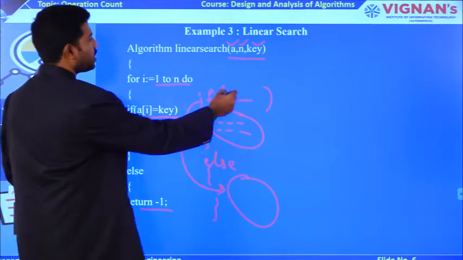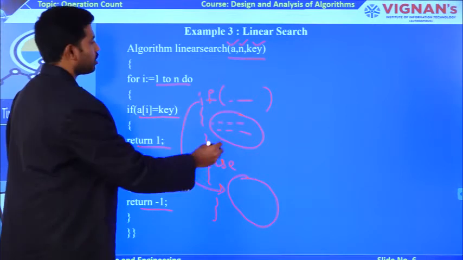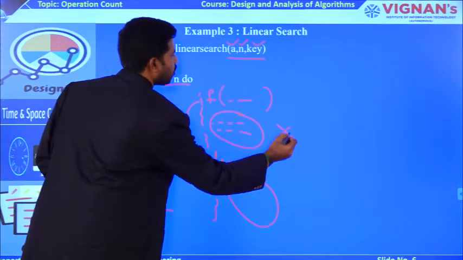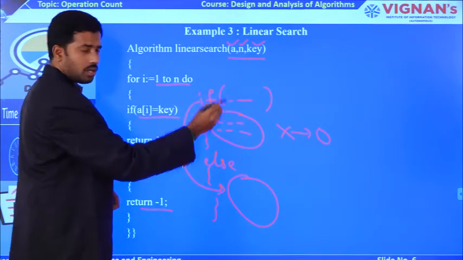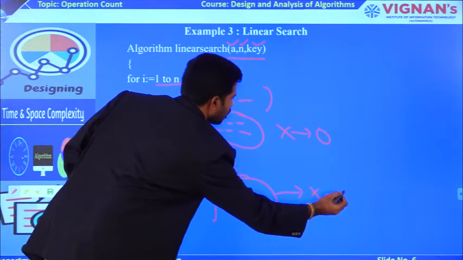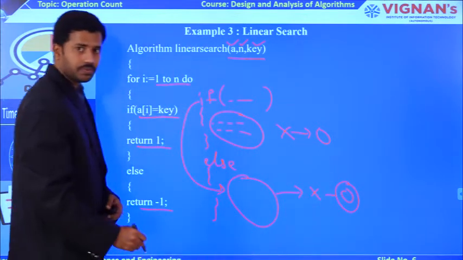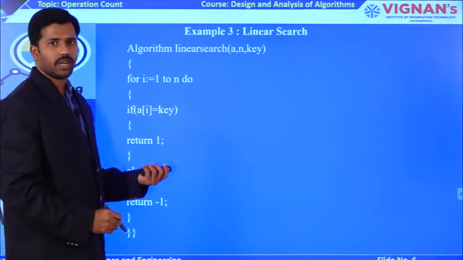So if the condition has failed, the values for the if statements become 0. If the condition is true, the values for the statements inside the else block become 0. So likewise you need to trace the algorithm if you have if else.